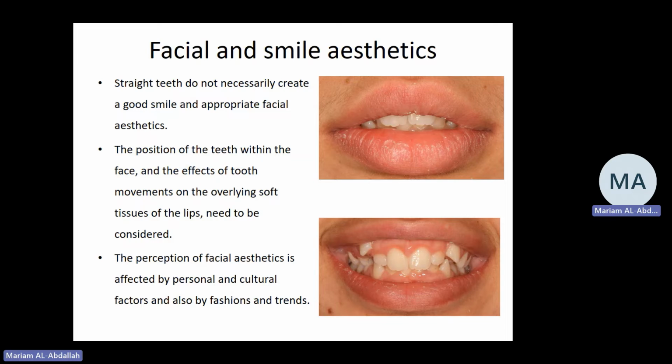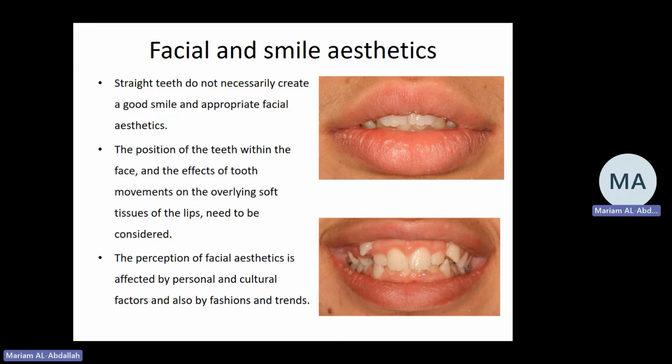Now, straight teeth alone cannot guarantee good aesthetics. The position of the teeth within the face in relation to the soft tissues very much affects the aesthetics and should be considered. So this patient, for example, at rest, we have about 3 millimeters of incisal show. On smiling, we have the full clinical crown plus a considerable amount of gingiva, and this is not normal, so this has to be recorded.